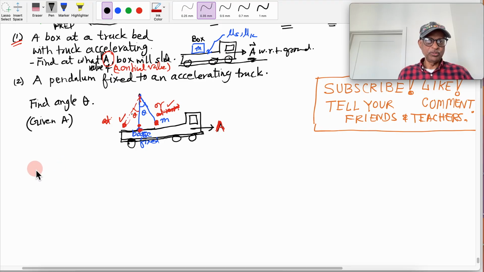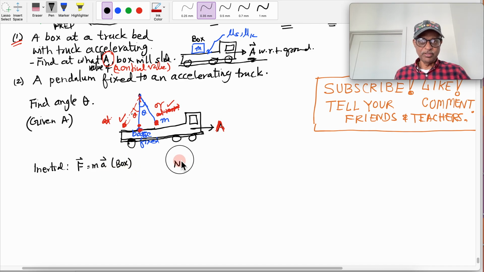I have a choice of doing it in an inertial frame. In this frame, F will be mass times acceleration for the box.